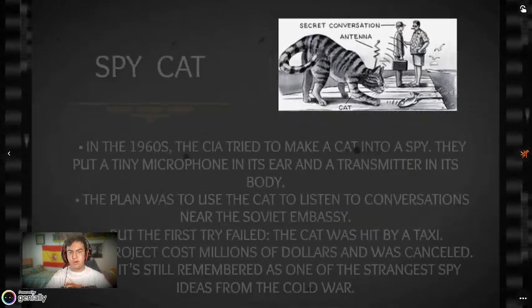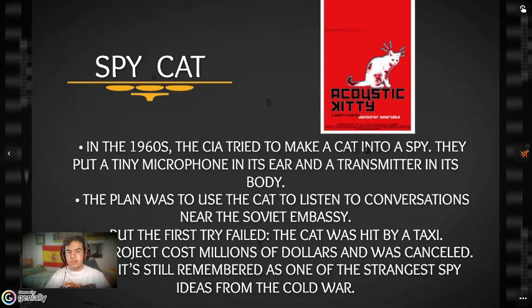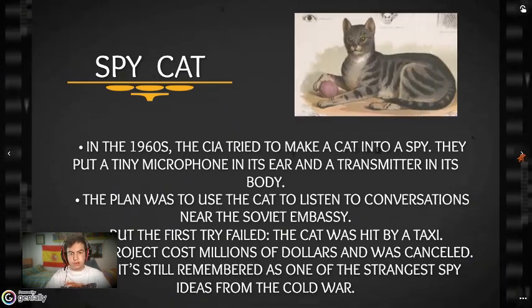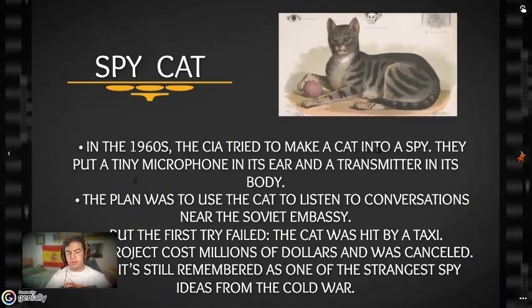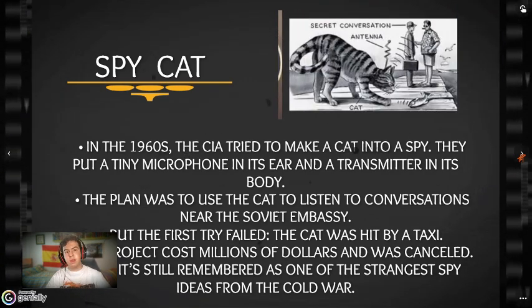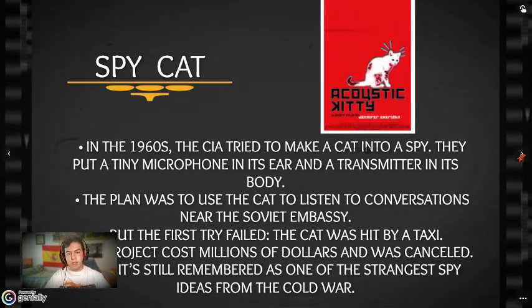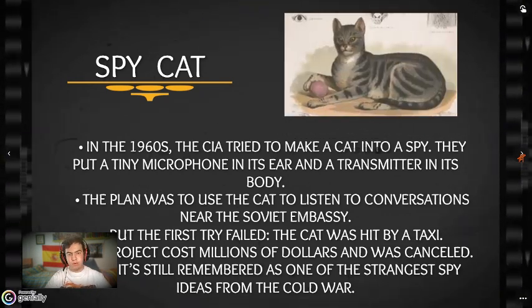We have a curiosity, because the CIA used spy cats. What is this? A little cat, a normal cat. It was trained, and then they put a little camera and microphone in it to send it to important meetings.